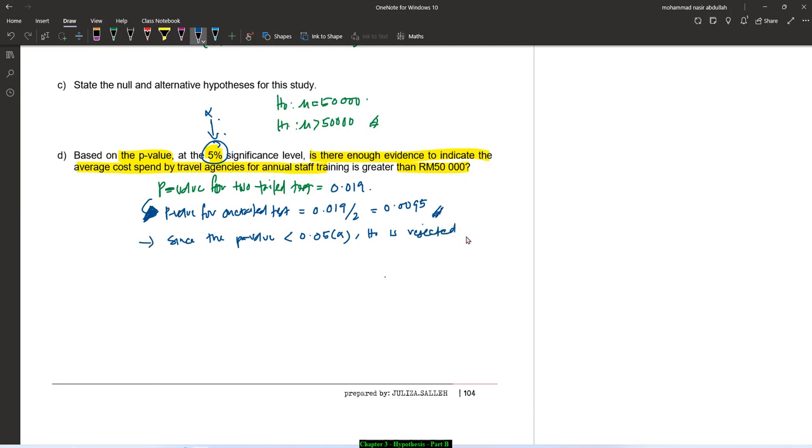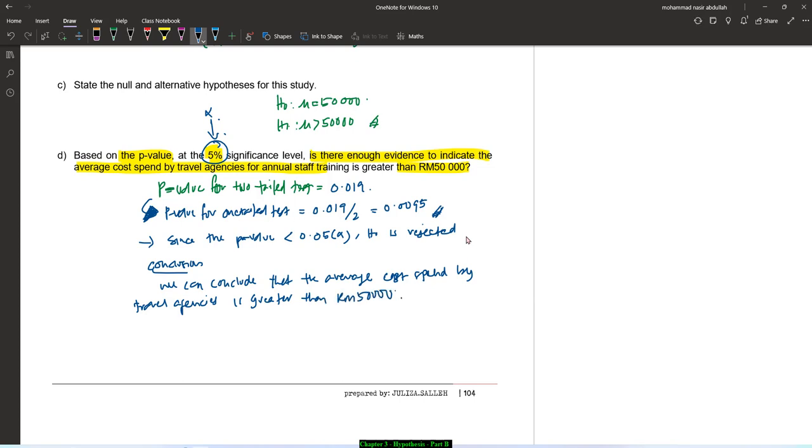Right? So since the null hypothesis is rejected, the conclusion is that we can conclude that the average cost spent by travel agency, salin balik lah, is greater than RM 50,000.